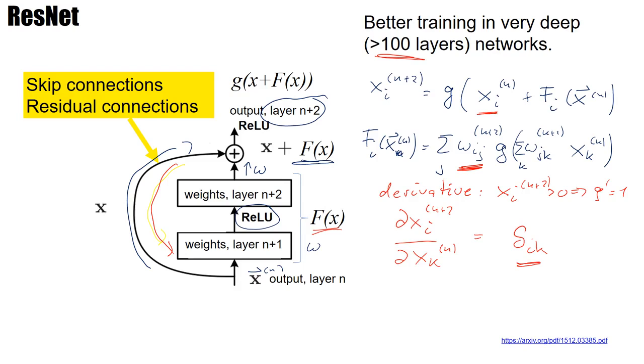So this is the direct copy that we had in the forward pass, now as a direct copy in the backward pass. And then of course we have the extra term here, which is this derivative with xk in layer n. Now, as usual in multi-layer networks, in this transition here with two sets of weights, some paths will vanish.